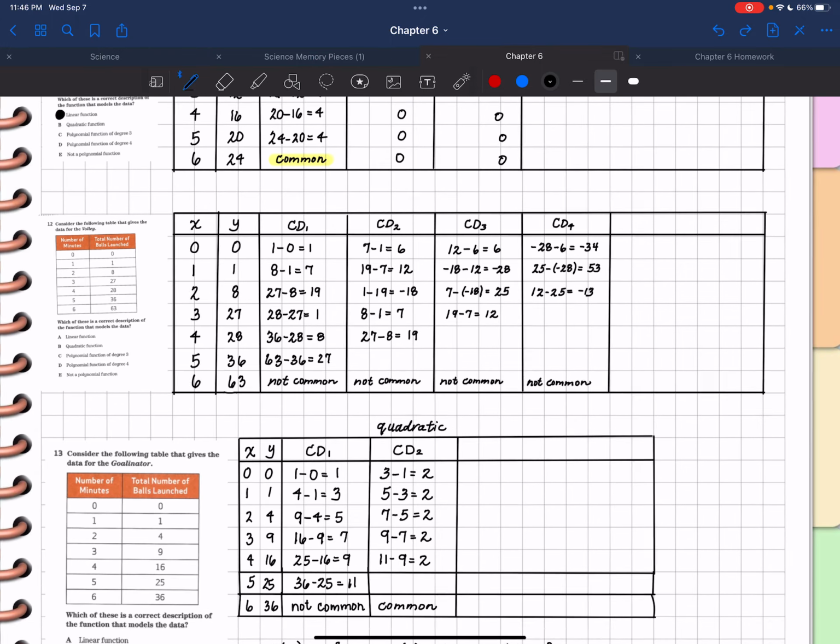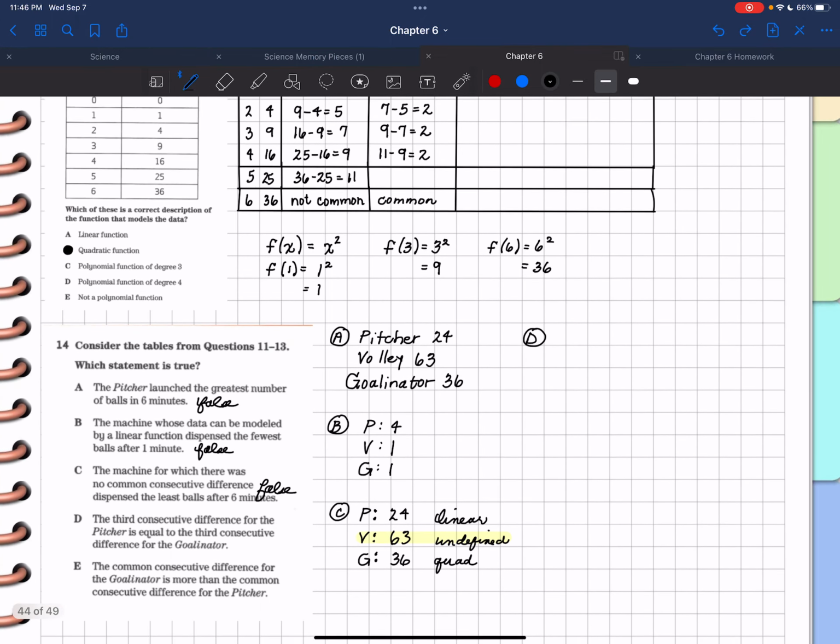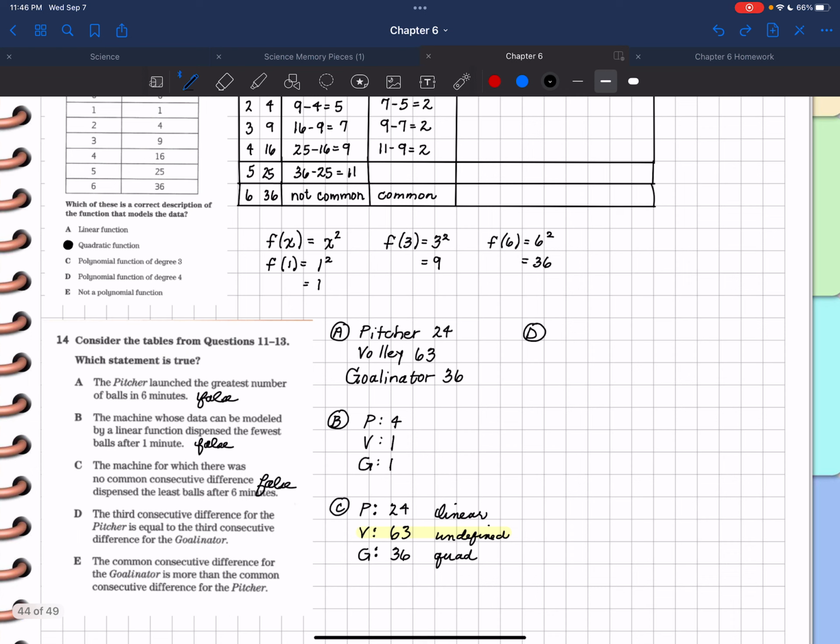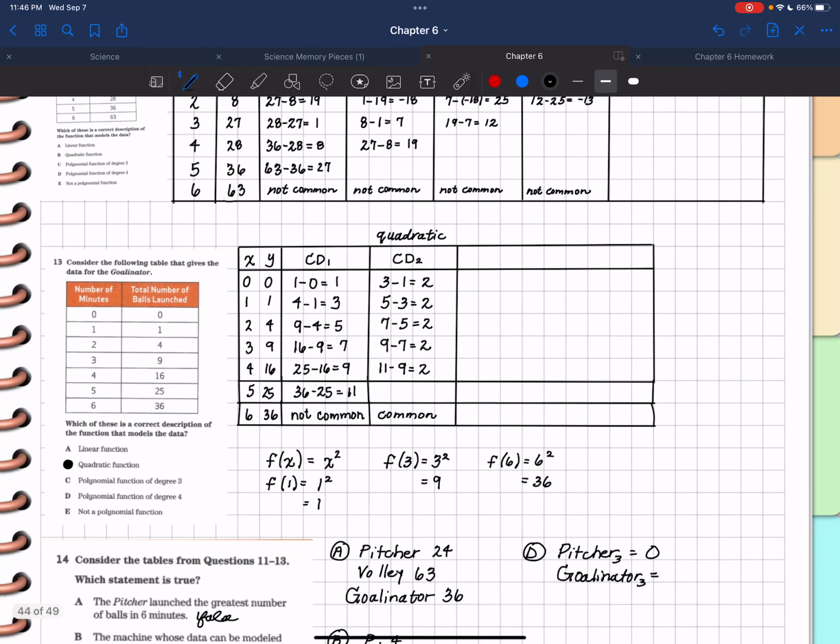So let's go back to this. D says the third consecutive difference for the pitcher, and we just found that that's 0, is equal to the third consecutive difference for the goalinator. So let's go to the goalinator.